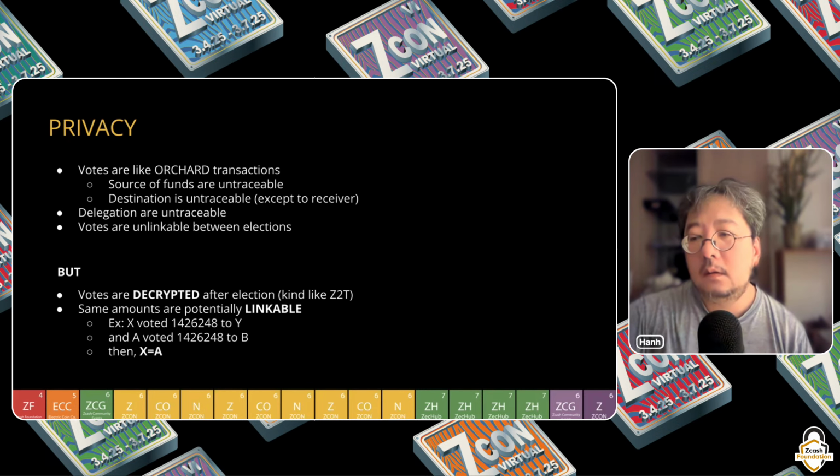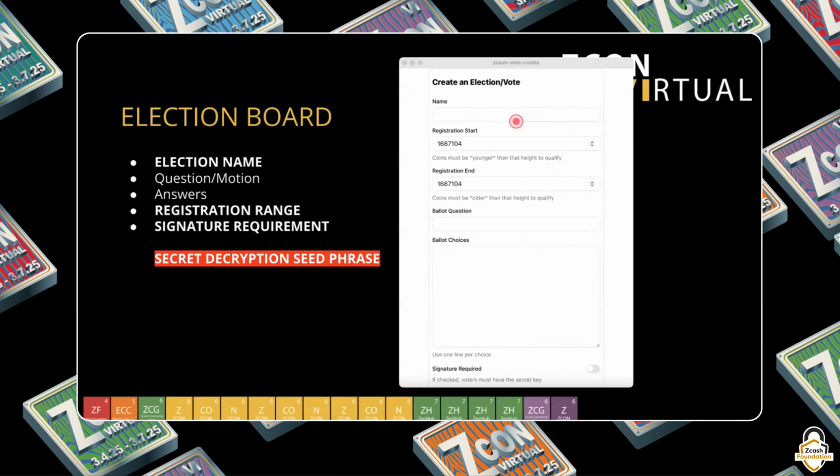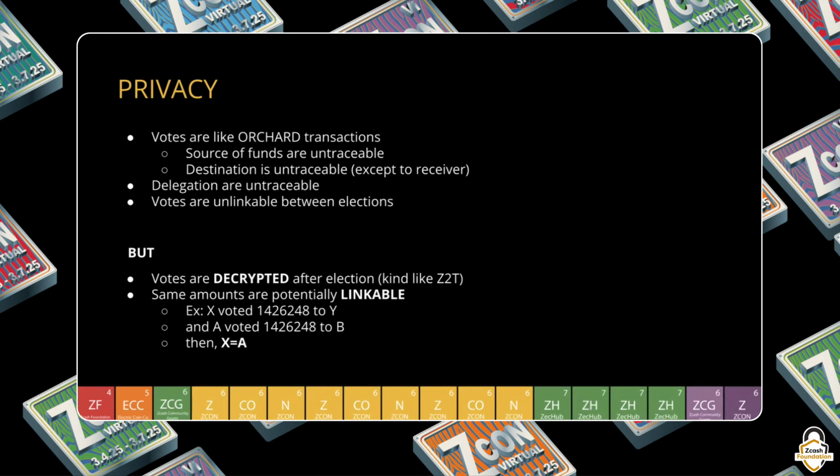Okay. All right. So that was the electors. So if you are an elector, you can stop here. That's pretty much all you need to know about coin voting to use the system, right?